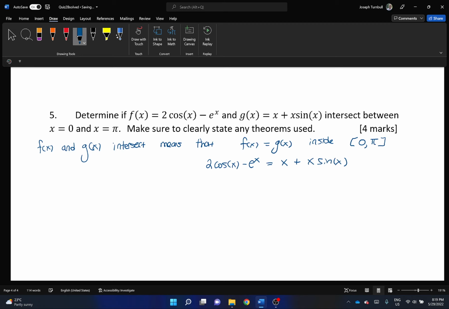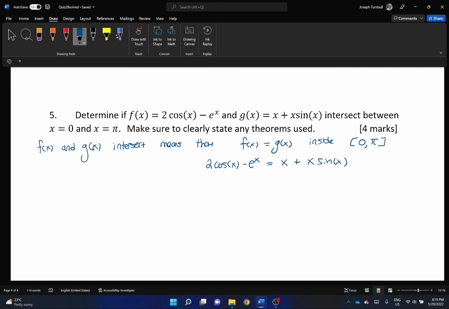And the next thing I'm going to do is subtract everything on the right side from both sides. I'm going to subtract x from both sides. I'm going to subtract x sine of x from both sides. The reason for doing that is I want to create something on the left equals 0. And then I'm going to call the thing on the left a new function, h of x.